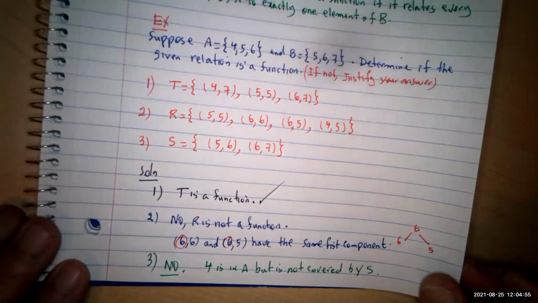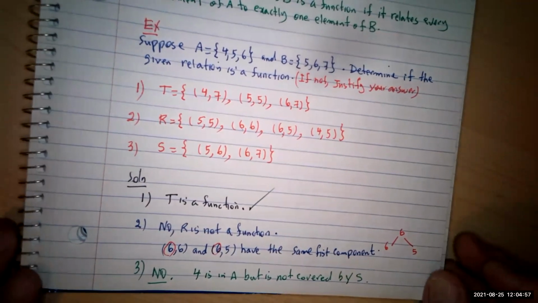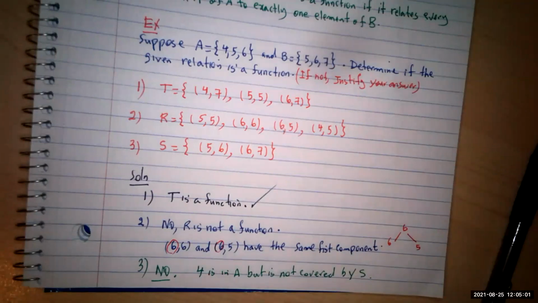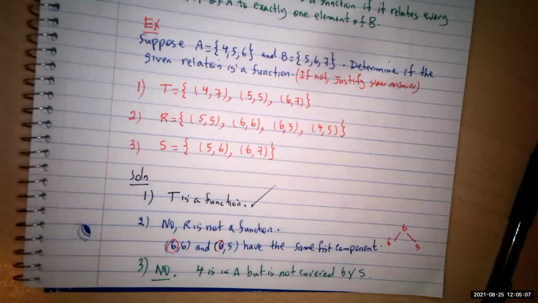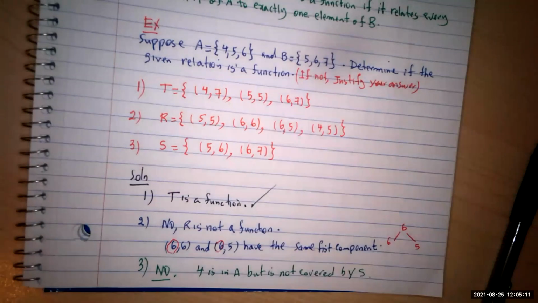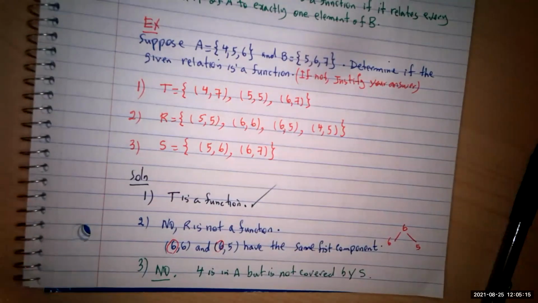Okay, any question? Now, this type of interpretation is going to be useful when we work with the so-called finite cases. Finite means this set has 3 elements, so that's a finite set. And this has 3 elements, it's a finite set. But if you use an infinite set, like all the counting numbers, all the integers, you have infinitely many elements.